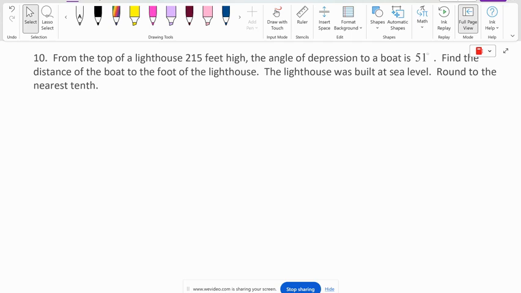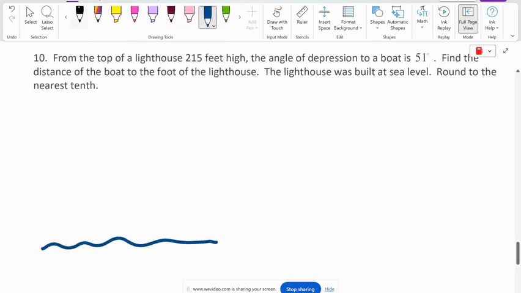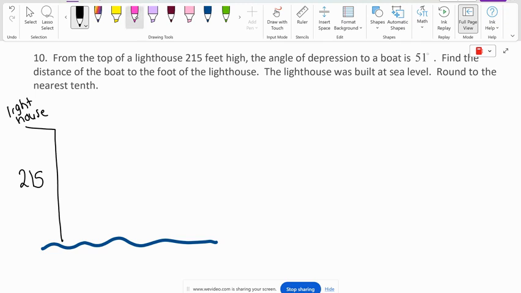I know. Okay. So from the top of a lighthouse, I'm just setting up the diagram. Are you still setting up your diagram? I just want to make sure before people keep going and mess up their problem. So here's our lighthouse. From the top of the lighthouse, 215 feet high, so this is 215 feet, the angle of depression to the boat, here's our boat, B for boat.